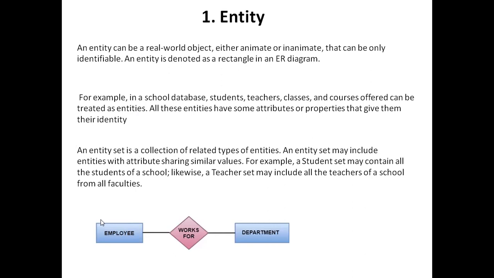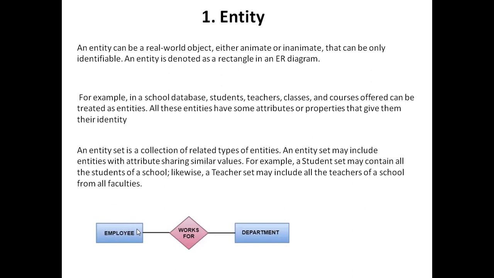Okay, the collection of related entities is called an entity set. An entity set may include entities with attributes sharing similar values. For example, a student set is an entity set that may contain all the students of a school. Likewise, a teacher set may include all the teachers of the school from the faculty.